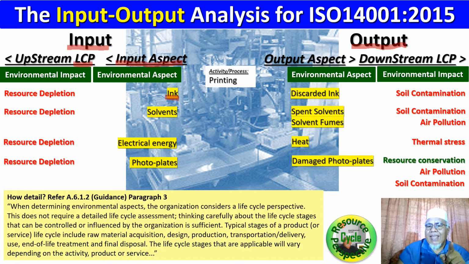So we look at ink from its life cycle perspective. Where? Upstream or downstream? Since ink is an input environmental aspect, we are going to look at its environmental impact by trailing upstream of its life cycle perspective. Therefore, ink interacts with the environment in the formation, the production, and the extraction of materials from natural resources.